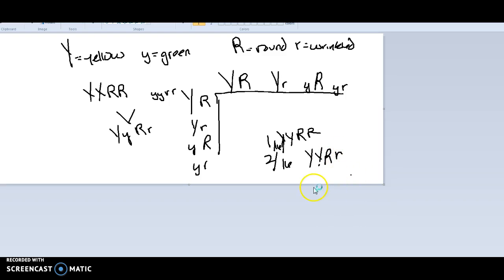And then 2/16, big Y, little r, little r. And then 4/16 heterozygote. So the answer is D. My system is a little slow, so it's not keeping up with my writing. But the answer to this one should have been D. So you just had to work it out and figure out which genotypic ratio you get that produce yellow round individuals. Okay.